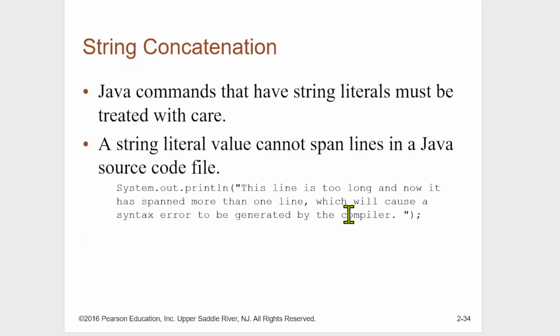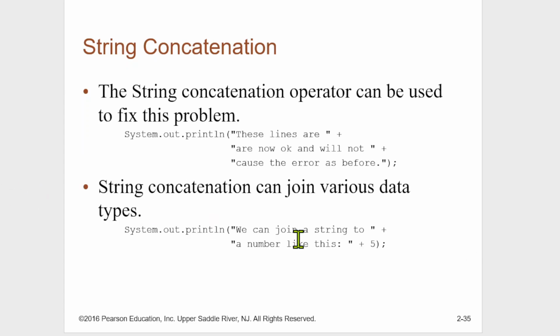If you wrote this right here, this is going to fail. This is not going to work. You're going to get errors. So if you want to have multiple lines like that, what you have to do is fix the problem. These lines, with plus added, now fix the error, and this will print out on one line, and they'll all be on one line together.